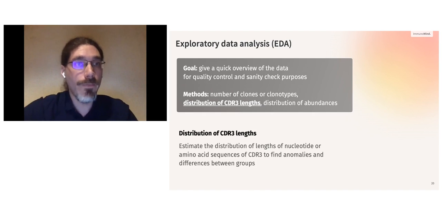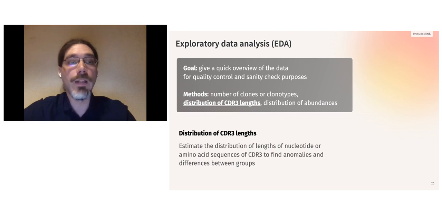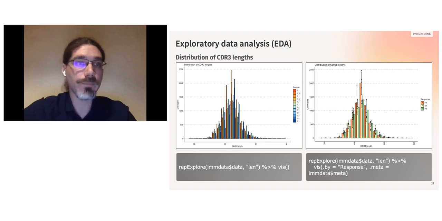The third feature for exploratory data analysis is the distribution of CDR3 lengths. The idea here, again, is to find anomalies and differences between groups, and you can compute the CDR3 lengths either by nucleotide sequences of CDR3 or by amino acid sequences of CDR3. Here you can see how to do it in Immunarch.